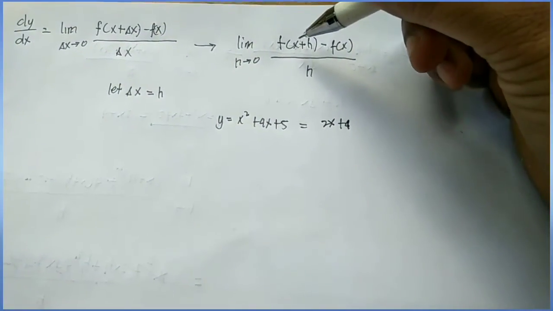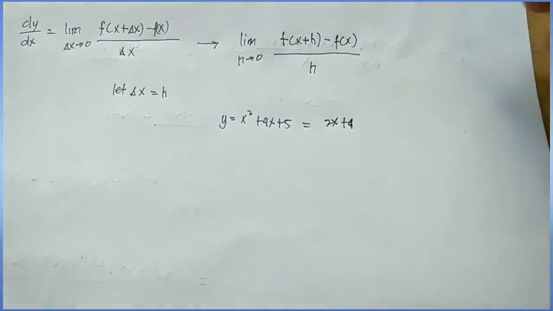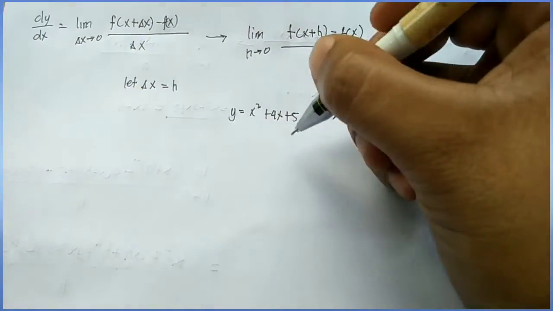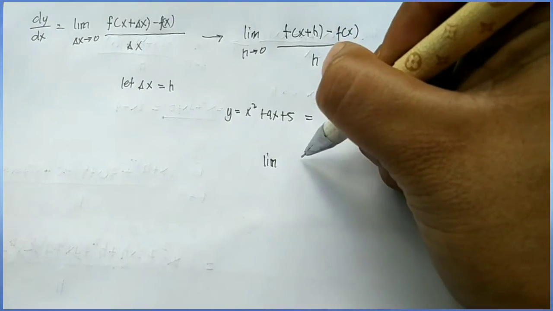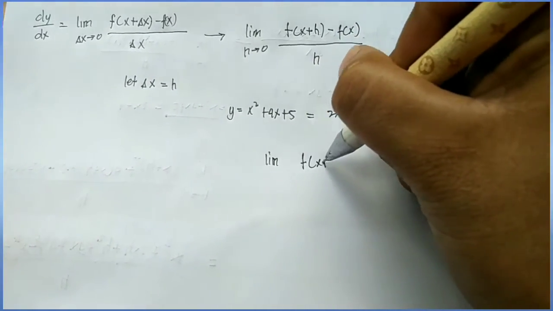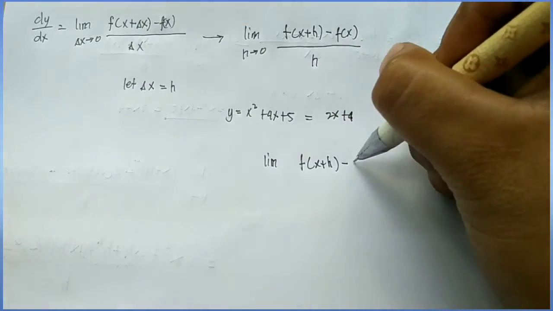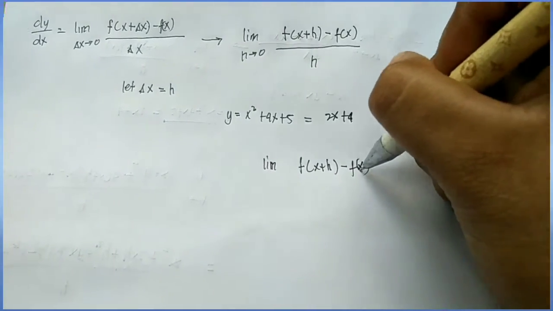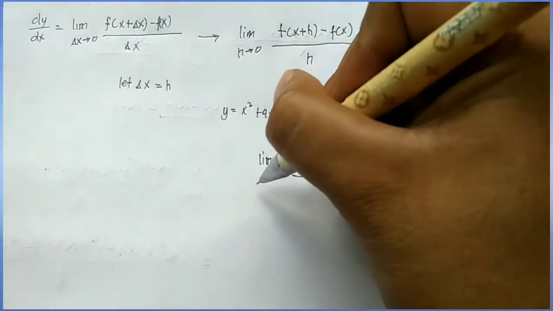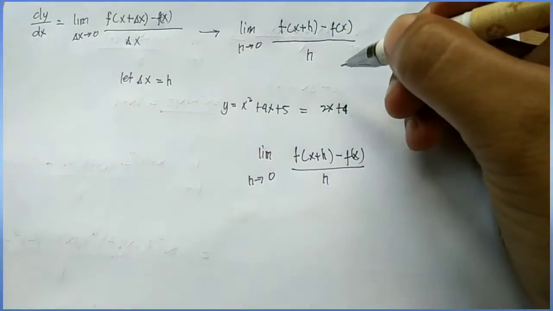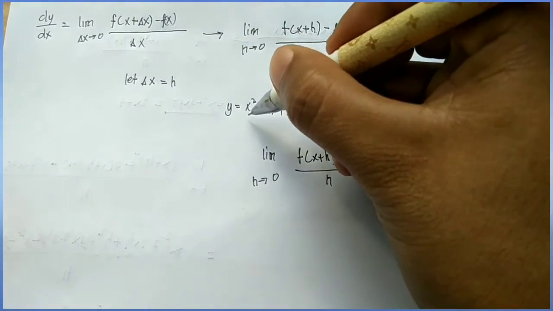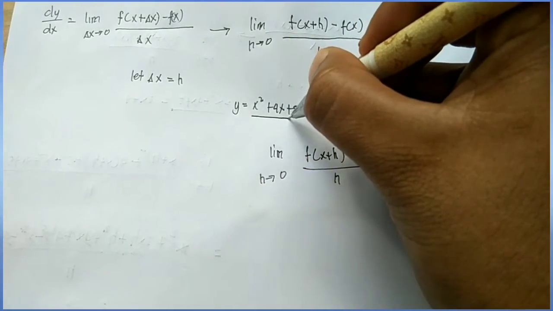But let's explain the derivative through the limit. Our formula is the limit of f of x plus h minus f of x all over h, as h approaches 0.